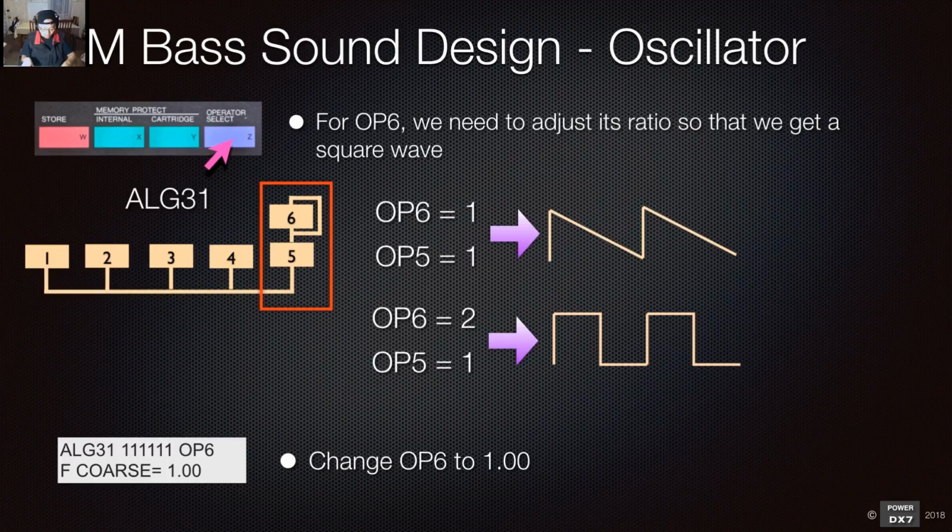Operator 5 at the moment is 0.50, so operator 6 has to be double the frequency ratio, which is 1.00. That means we don't need to make a change to operator 6, just leave it as is because it's 1.00, the initialization data. So sorry, you don't need to change operator 6 to 1.00 because it's already 1.00. Sorry about the slide. Now let's press a key and listen to that.